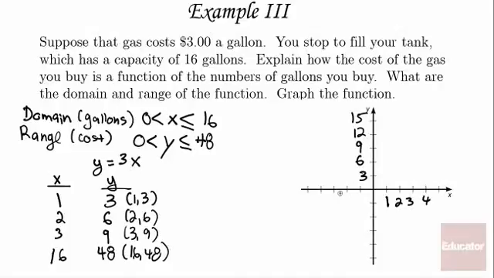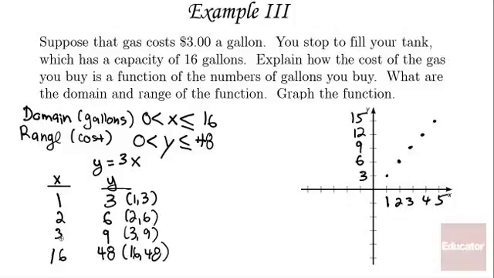And what I'm going to see is that 1 gallon of gas is $3, 2 gallons of gas is $6, 3 gallons is $9, 4 is $12, 5, if you kept going, would be $15.